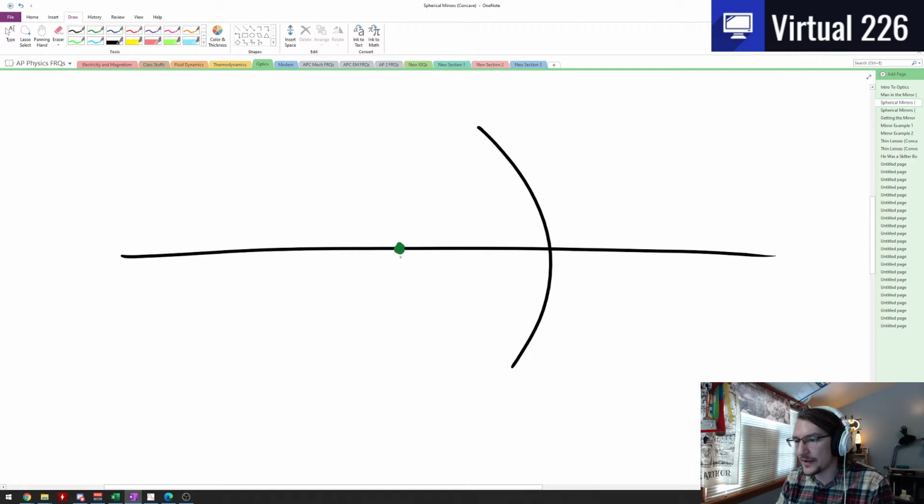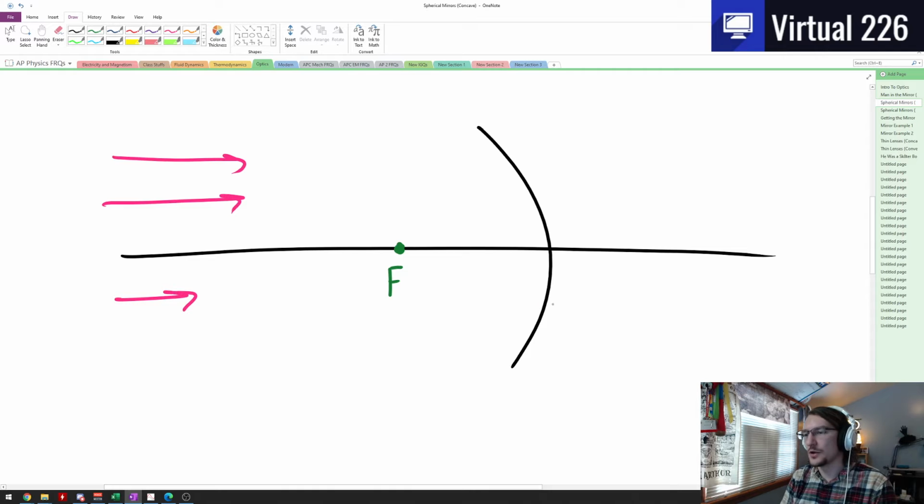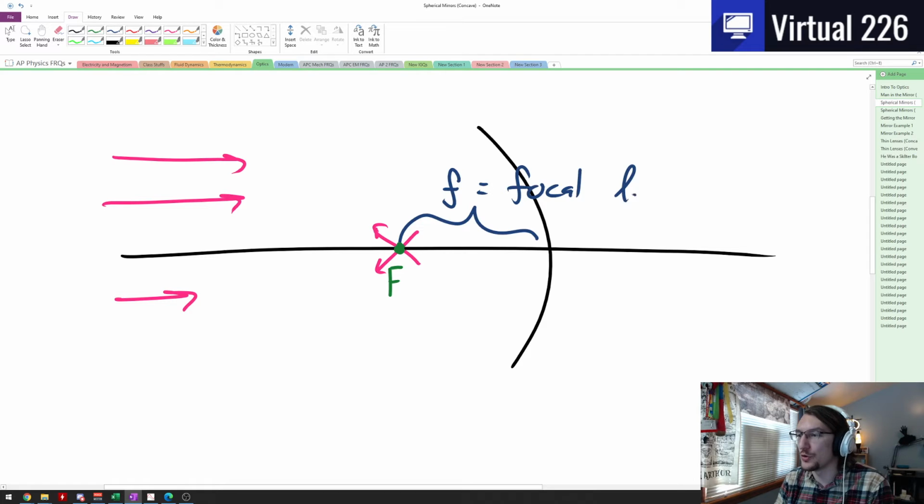Now, if this is our focal point F, that focal point is defined as such that all light that is coming through and striking the mirror will reflect off the mirror and pass through the focal point. Okay? That focal point is a distance away from the mirror though. And the distance that this focal point is away from the mirror is little f. This is the focal length.